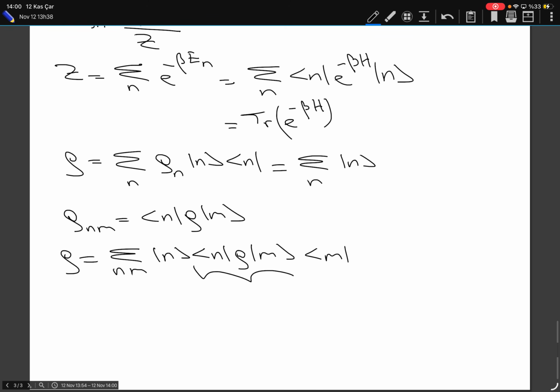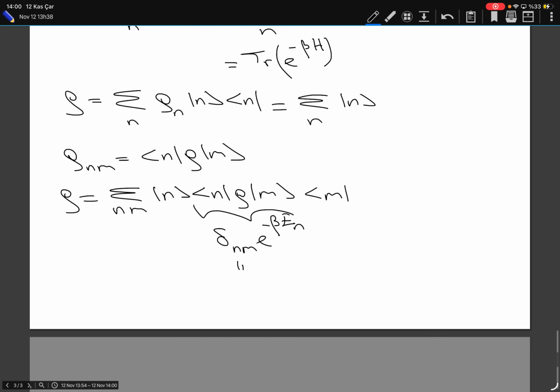This is <n|e to power minus beta h|m>, or let me write it in a slightly different form. That is Kronecker delta nm e to power minus beta En, which I can also write as <n|e to power minus beta h|m>, because h, the Hamiltonian acting on m, just gives me En, and what remains is a Kronecker delta nm.